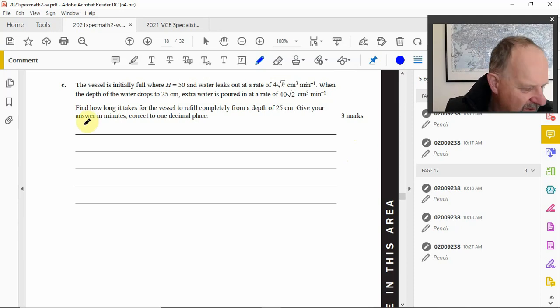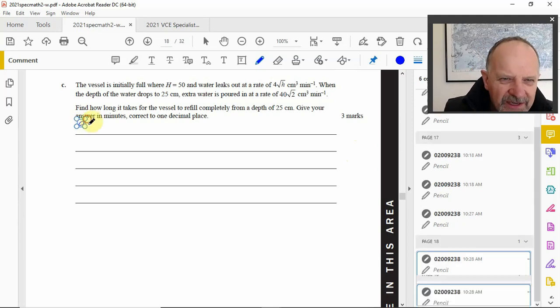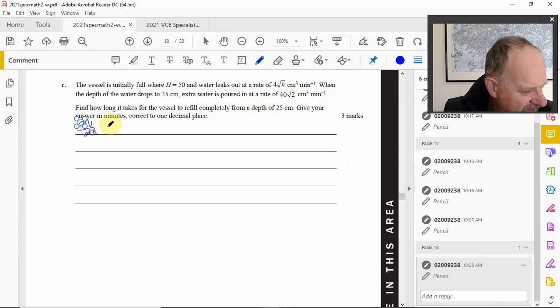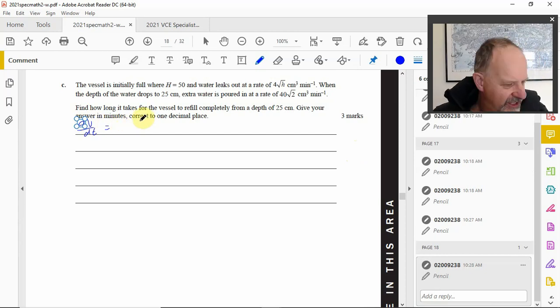All right, so what do we know? How is the volume changing? dV/dt. The volume is changing in the following way. So it's going out at 4 root h, and h is 50. But extra water is being poured in.